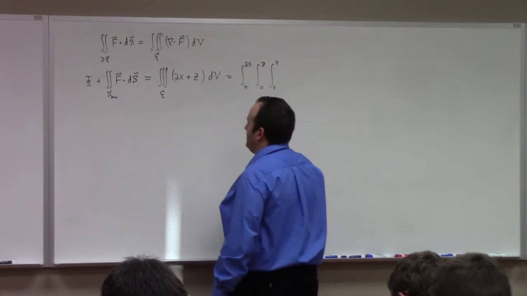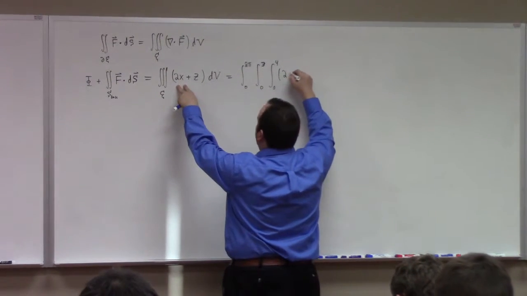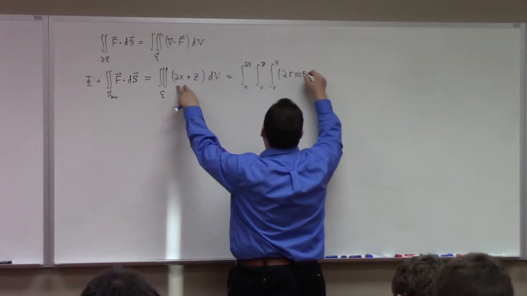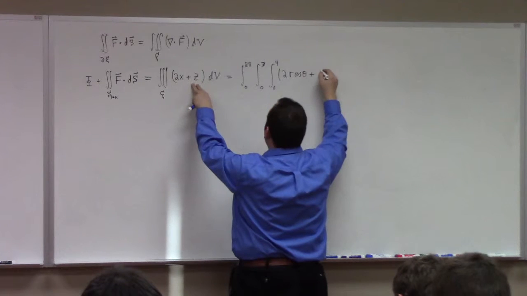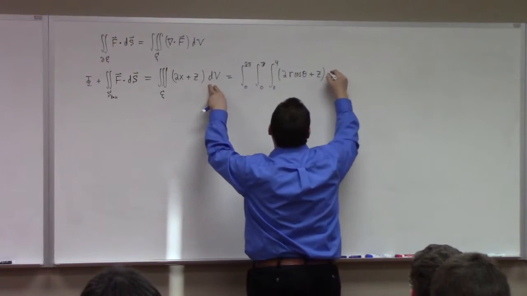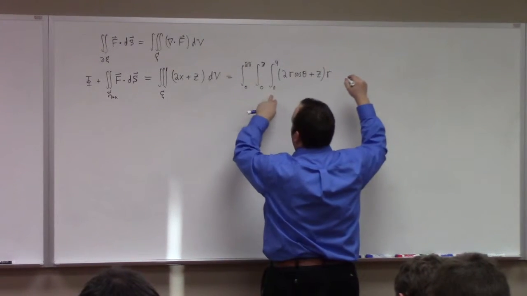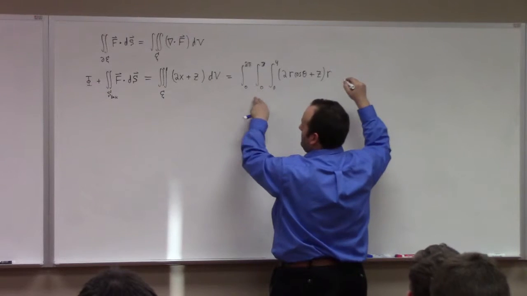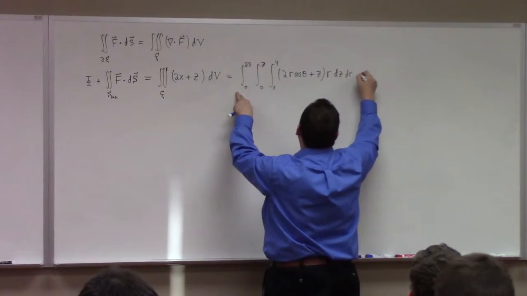Now I've got to put in my cylindrical coordinates. So x is what? r cosine theta. My z is, well, that substitution's easier. It's z. And then dV is r. And then what order do I put the differentials in? dz, dr, d theta. Very good.